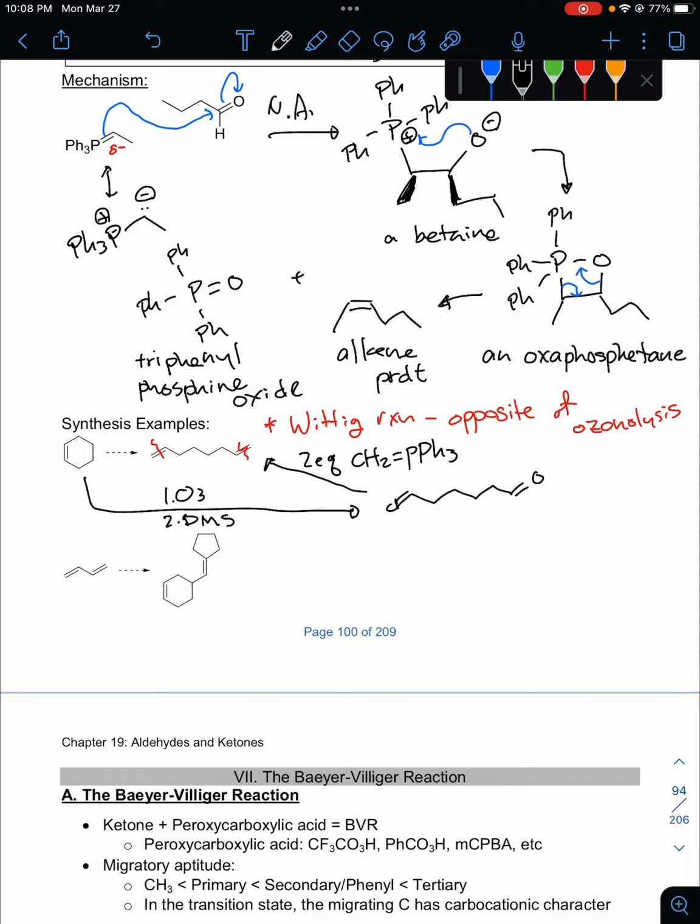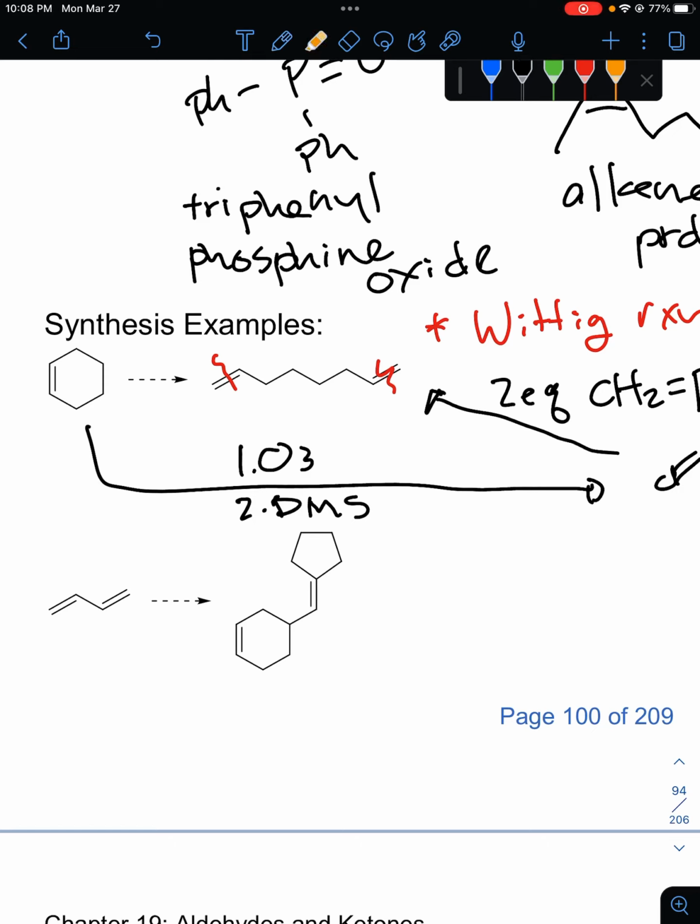This one maybe looks kind of hard, and assuming though that we need to make one of those double bonds present in the product here from Wittig reaction, there's two options. Should we make this from Wittig or that from Wittig?